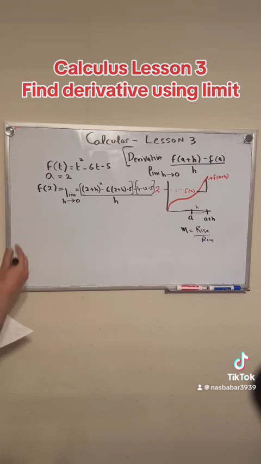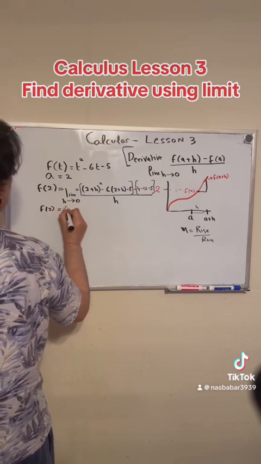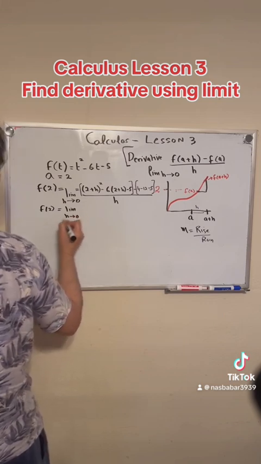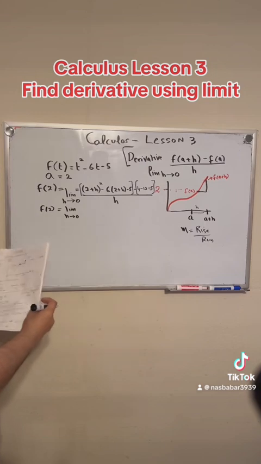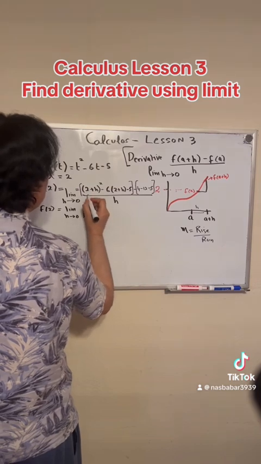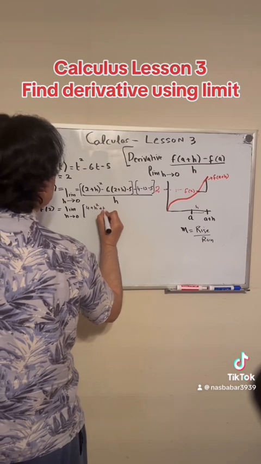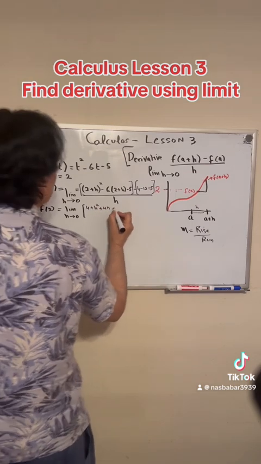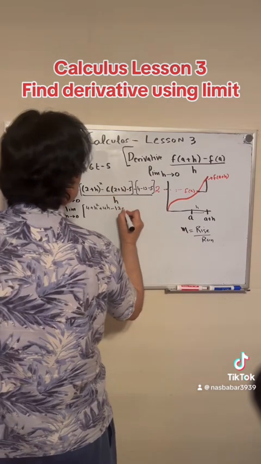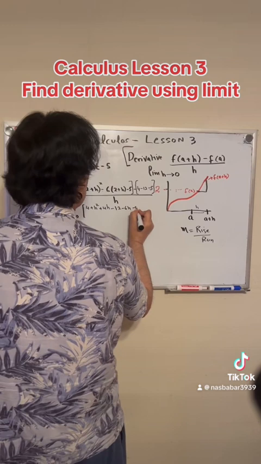Now what we do is simplify it. Function of 2 is equal to the limit as h approaches 0. So we open this up and we get 4 plus h squared plus 4h, minus 6 times 2 is 12, minus 6 times h is minus 6h, and then you have minus 5, but we're not done yet.